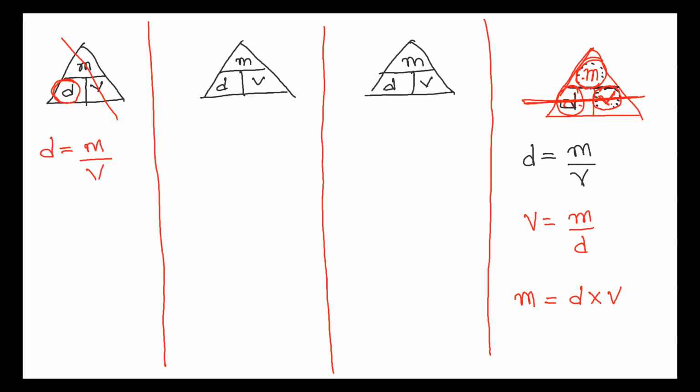If you want to make volume the subject, volume will become mass by density, mass on top and density below. Whereas if you want to make mass the subject, since they are in the same line, mass will become density into volume. Is it fine?